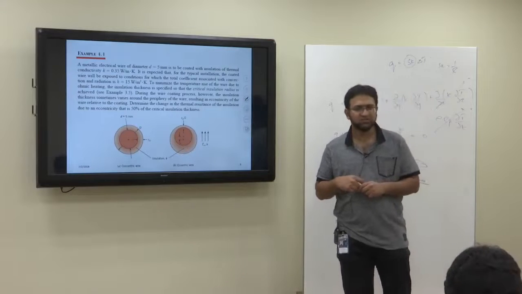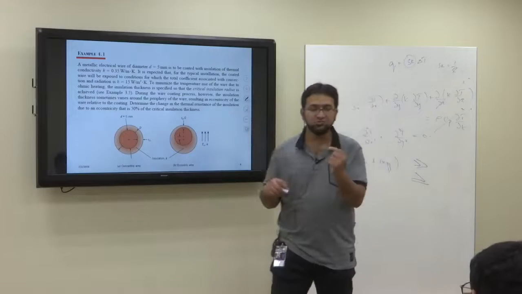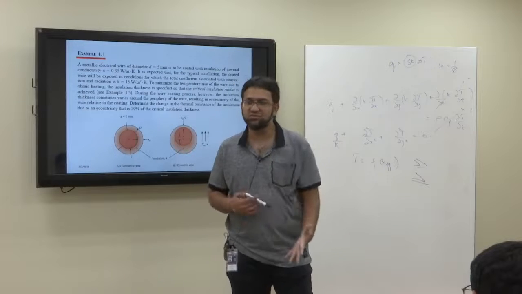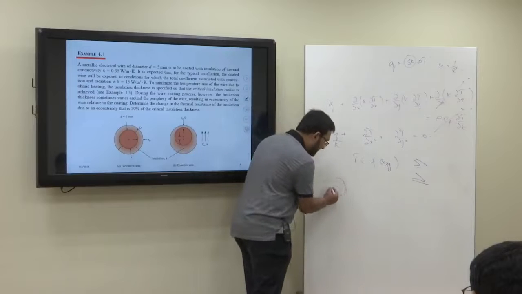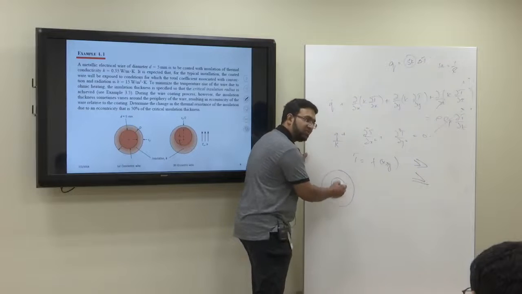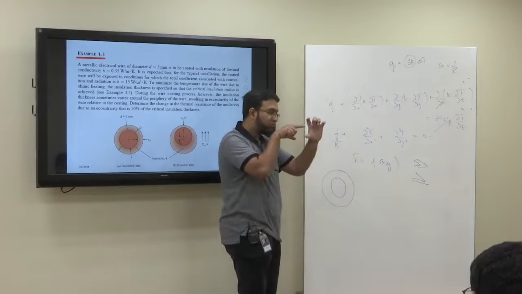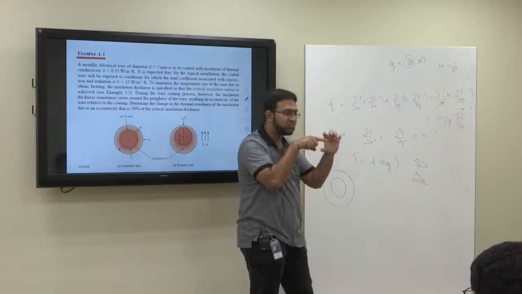So this insulation is done, and normally it is assumed that the insulation is concentric. Concentric means if the wire is like this, then the insulation is like this, such that the center of the insulation is the same as the center of the wire. They have exactly the same centers.